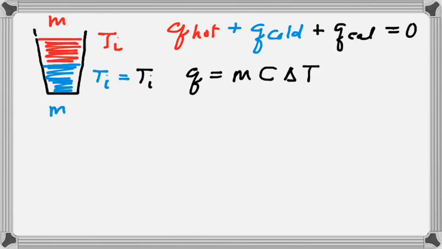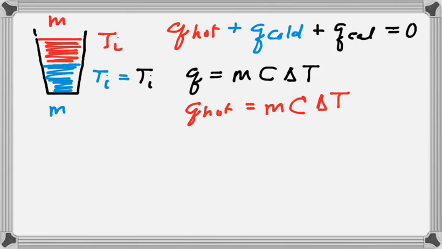So each of these Q's is mc delta T. Q hot equals the mass of the hot water times the specific heat of the hot water times the change in temperature of the hot water. I'm using colors here to code for the different things.